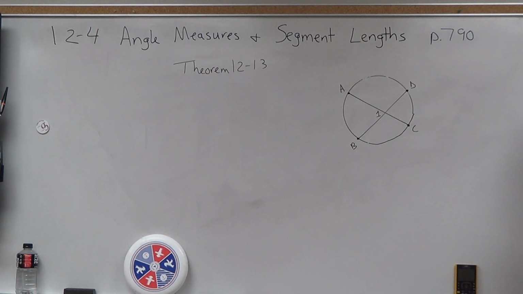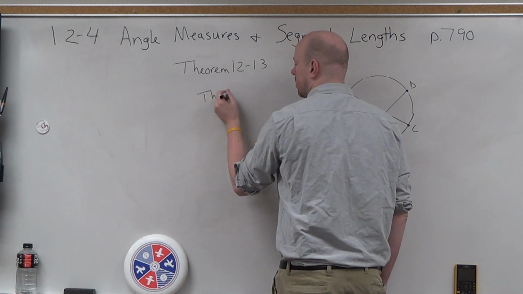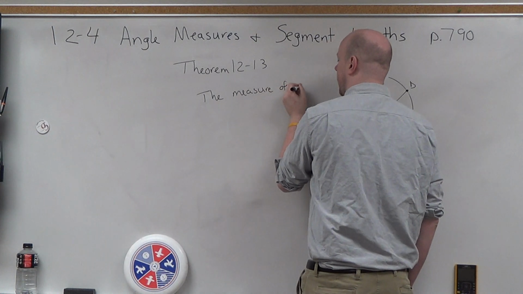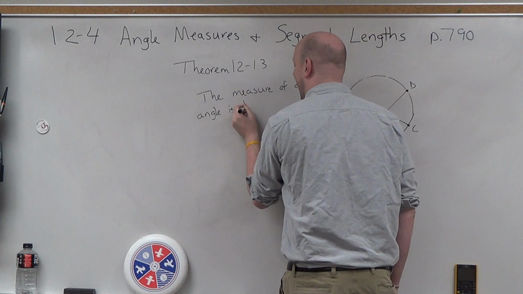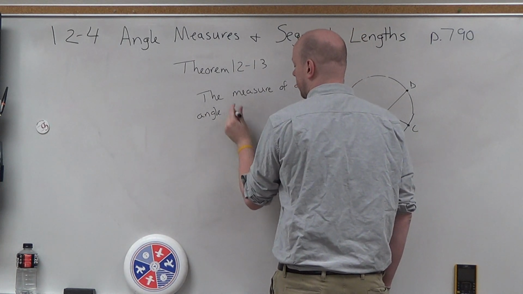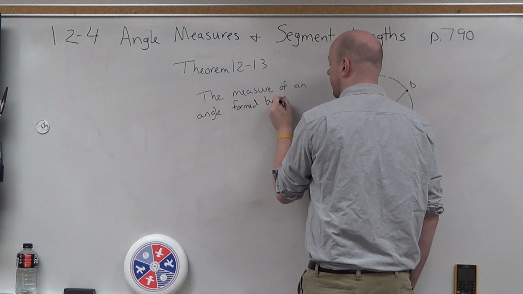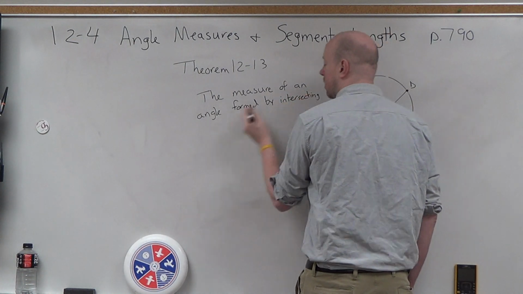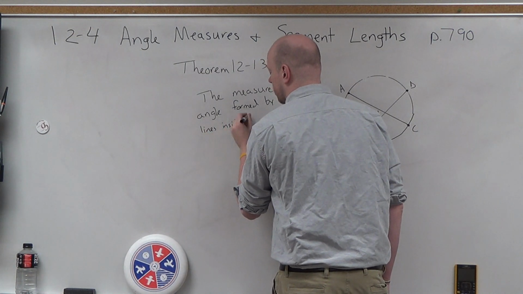Okay. It says that the measure of an angle formed by intersecting lines inside the circle.